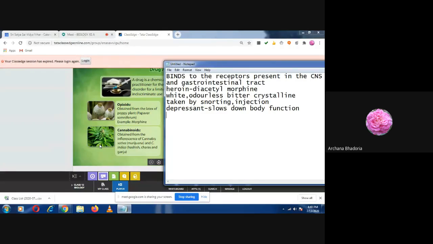So cannabinoid, now write down what is the name of the plant. Anyone knows? Cannabis.